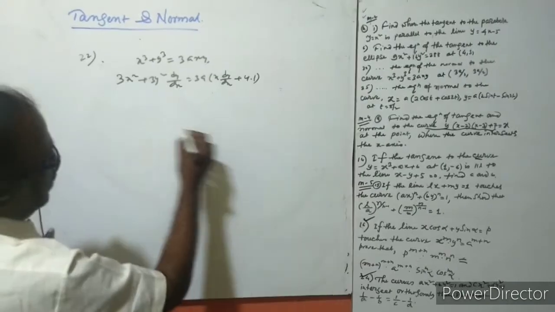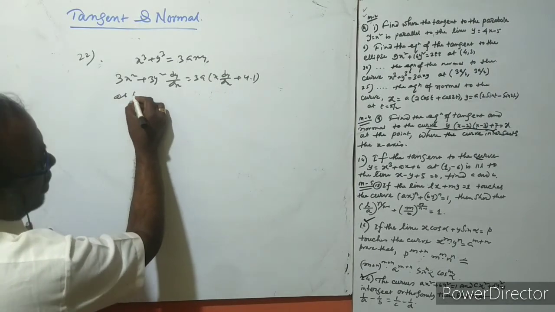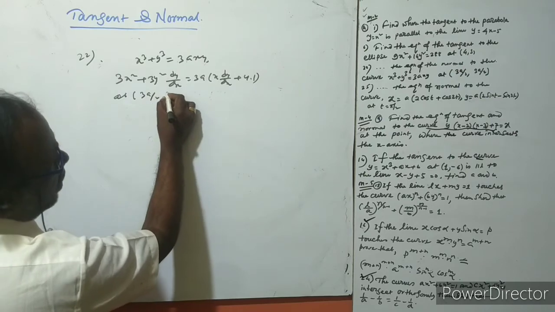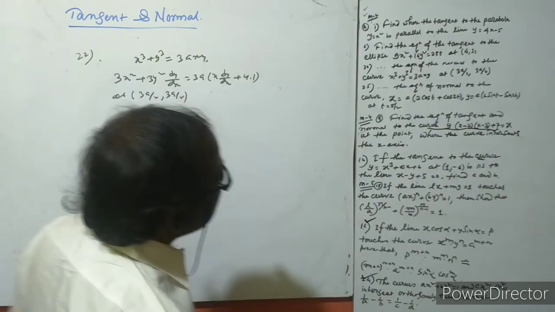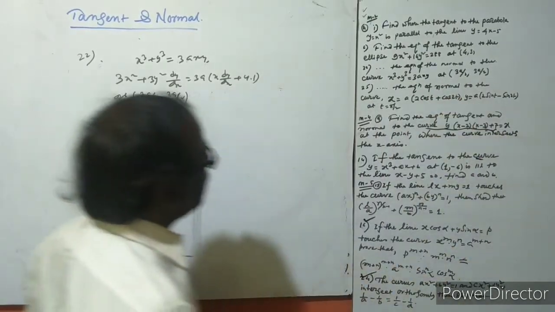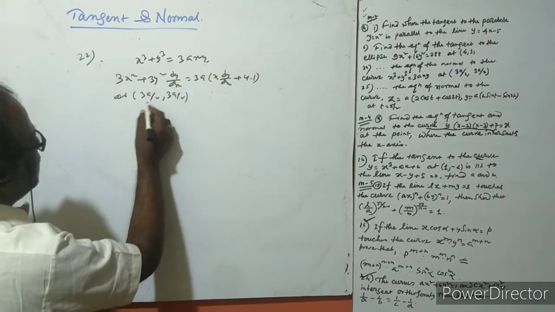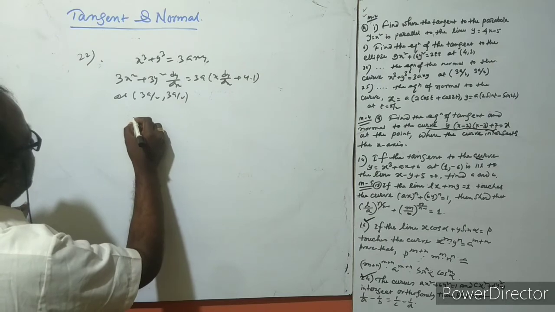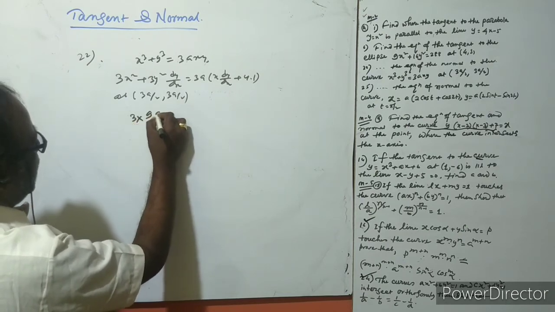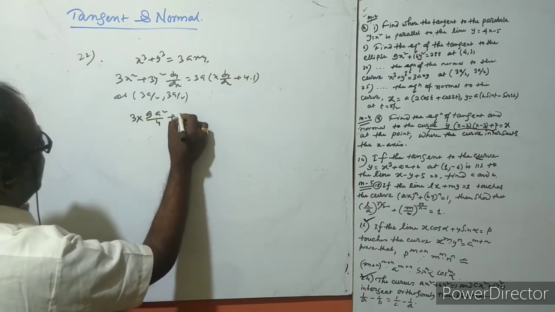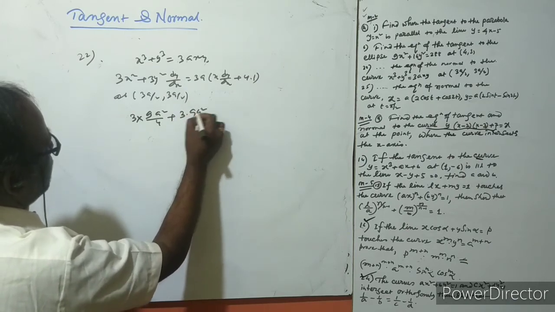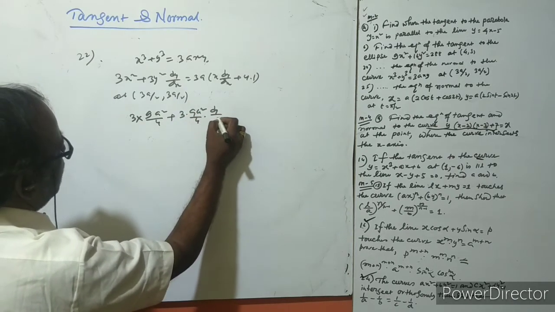Put the value: at (3a/2, 3a/2), put x as 3a/2 and y as 3a/2. So 3 into 9a squared by 4 dy/dx.